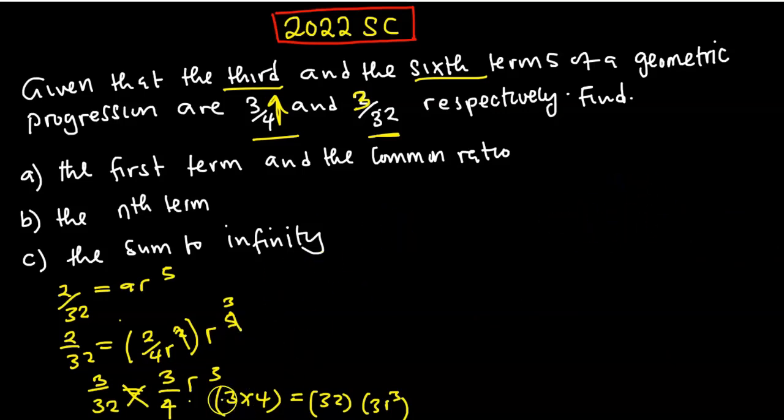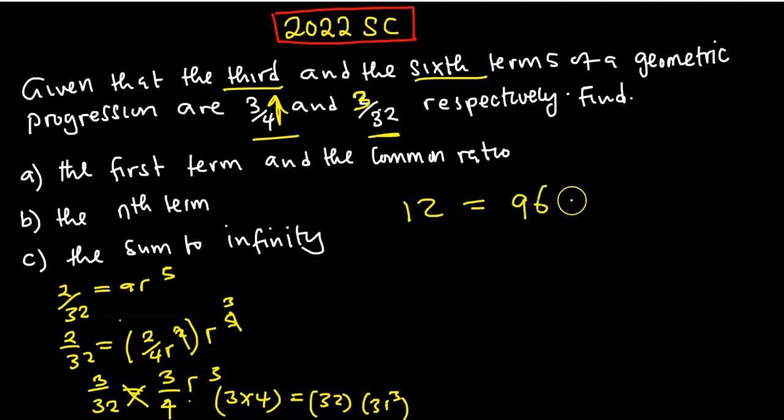This one is going to be 12, equal to 32 multiplied by 3. So this part is going to be 96.